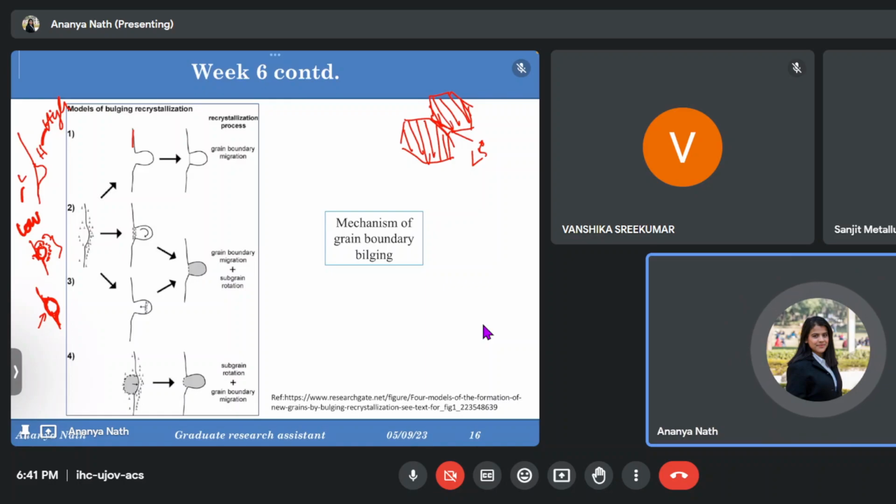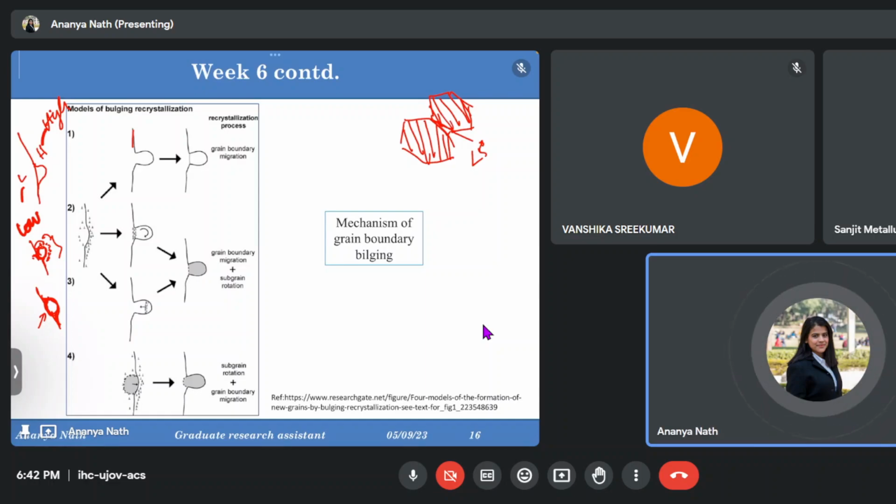So for DDRX, it's simple. It's like static recrystallization. The static recrystallization is happening inside the grain due to this bulging, rotation, and movement. These things, and it's also happening due to the low angle. What is it? Low angle boundary or low energy configured dislocation boundaries.